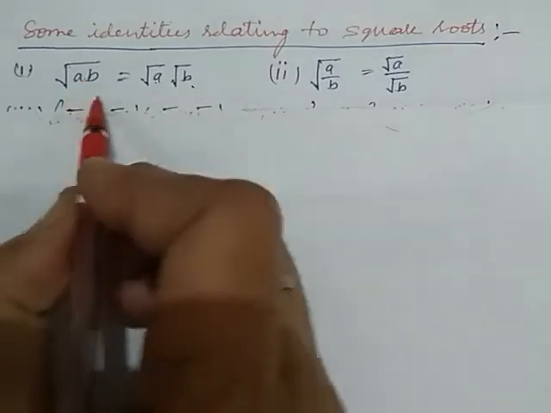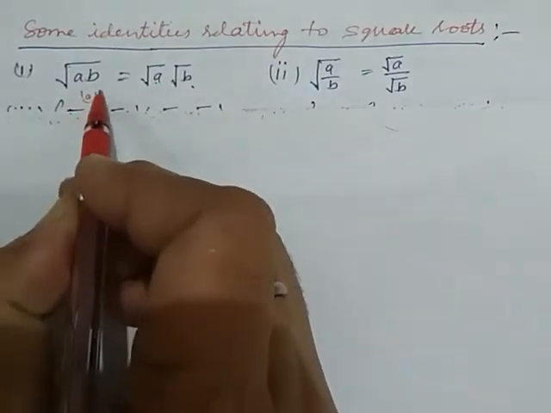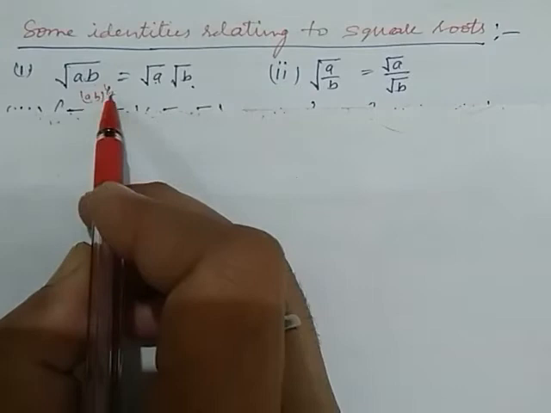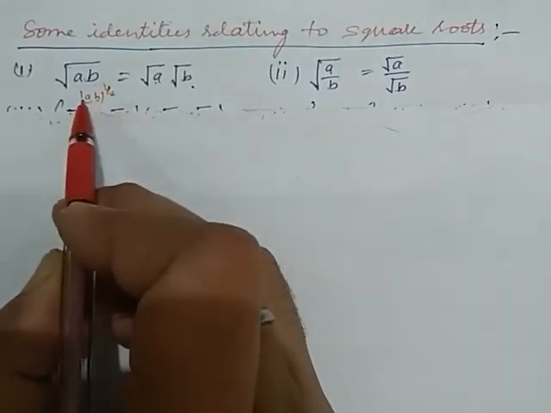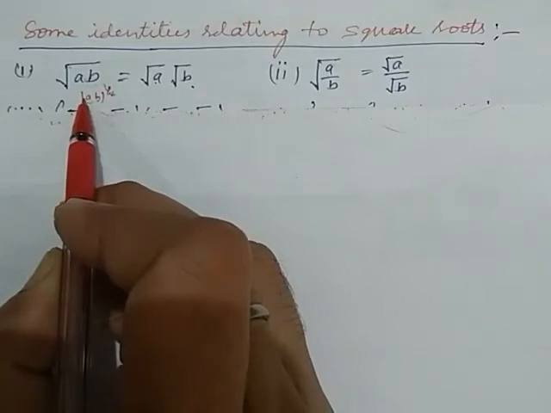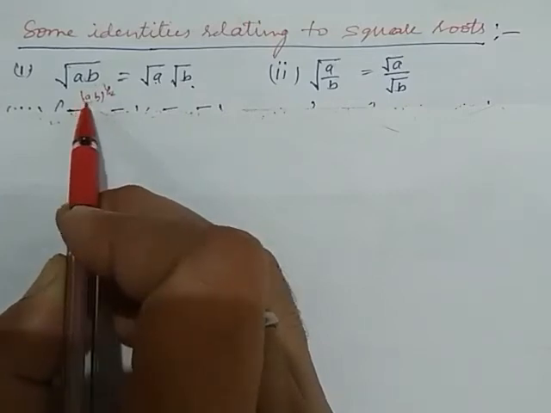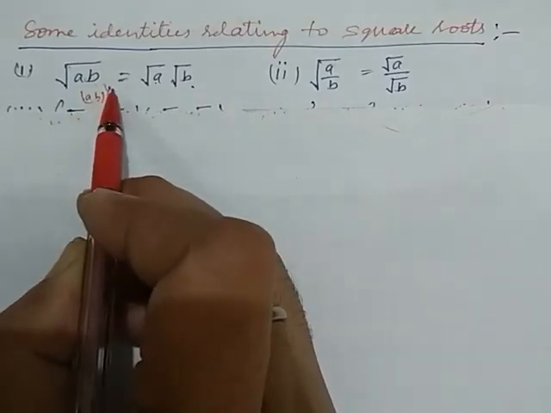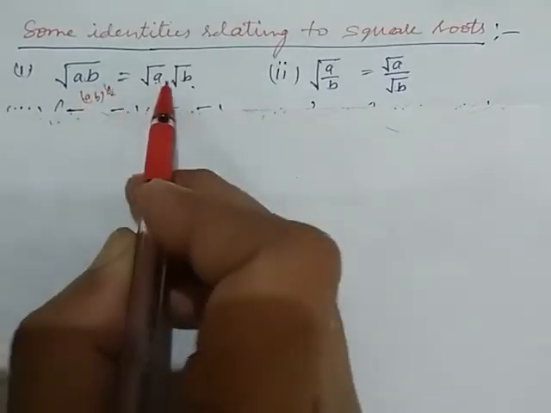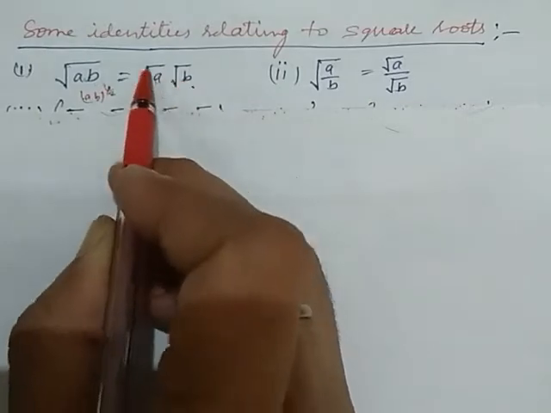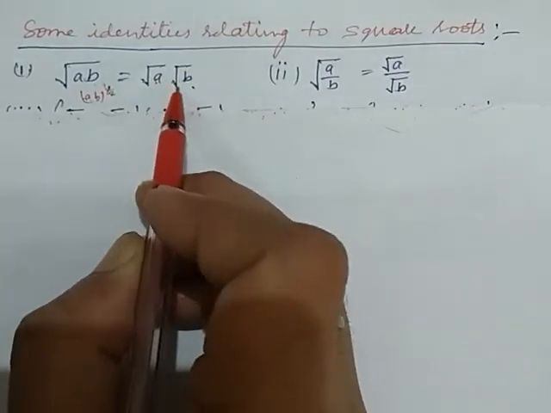Because the square root of AB means AB whole power half, so the power applies to both, A power half into B power half. This way we get the square root of A into the square root of B.